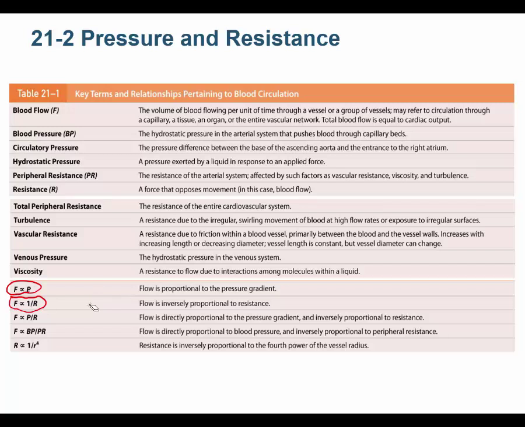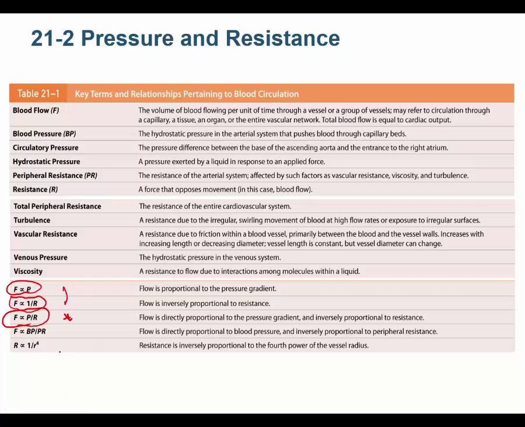And by putting those two together, if flow is proportional to pressure and flow is inversely proportional to resistance, you simply put them together and you say flow is proportional to pressure divided by resistance. So really this formula right there is the combination of these two. That's what it is.